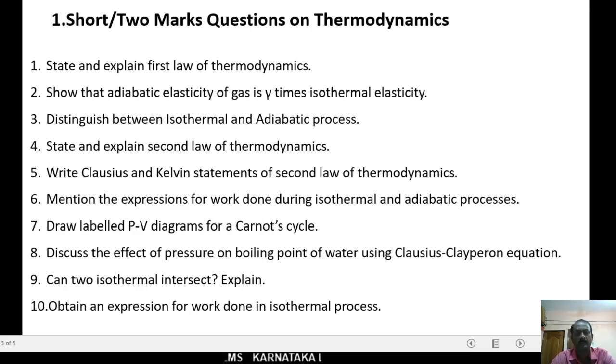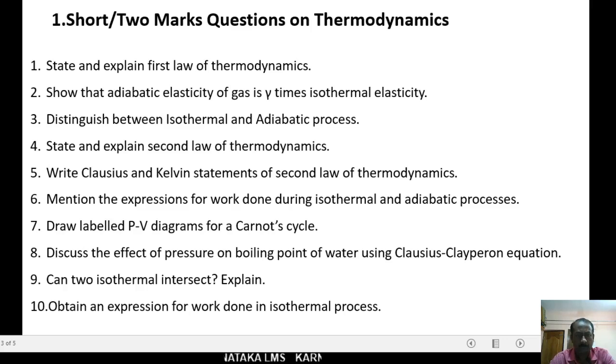Next question is discuss the effect of pressure on boiling point of water using Clausius-Clapeyron equation. Here you should write the application. The answer for this question appears in the last video session, that is, the Clausius-Clapeyron equation.